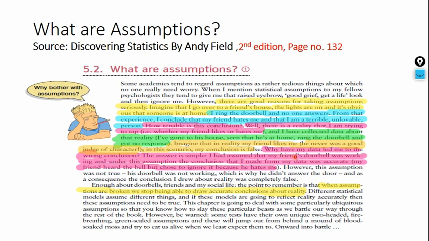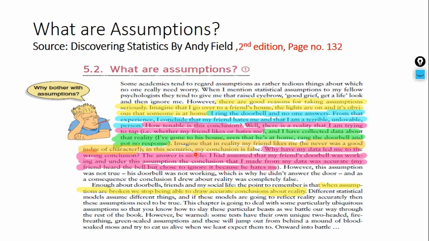Why have the data led me to the wrong conclusion? The answer is simple. I had assumed that my friend's doorbell was working. Under this assumption, the conclusion that I made from my data was accurate: my friend heard the bell but chose to ignore it because he hates me.